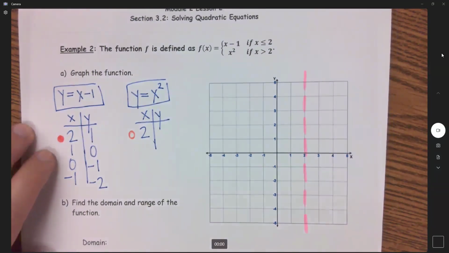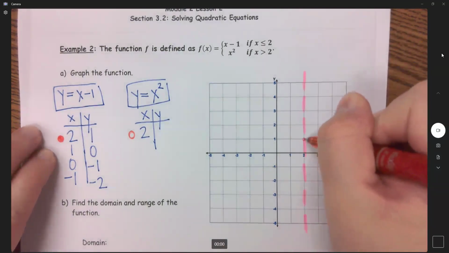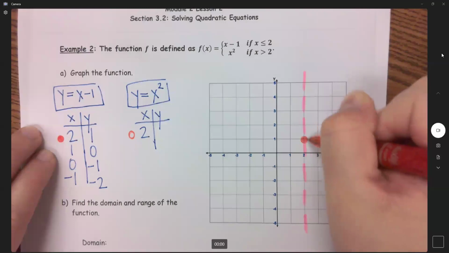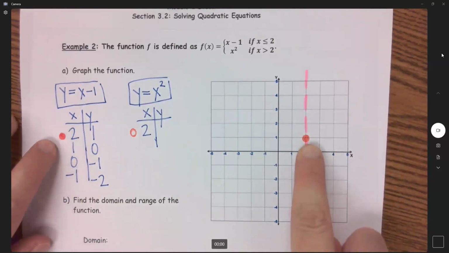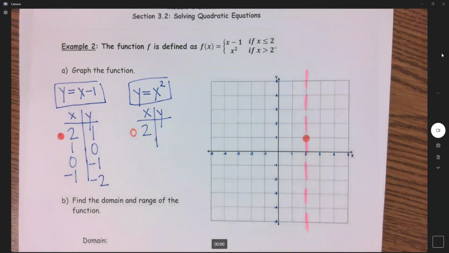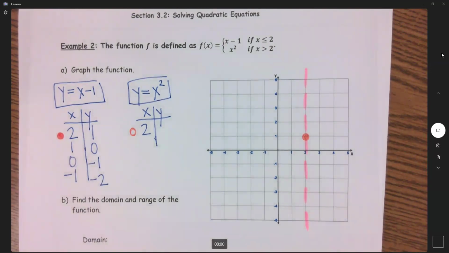So I am going to put a nice bold point right here at (2, 1). Okay, and I'm putting this in red just to make it more clear and pop a little bit more, but you don't have to do this in a different color. And I'm going to plot these other points, and these are all just regular points.